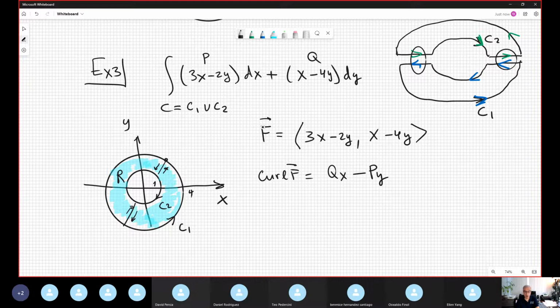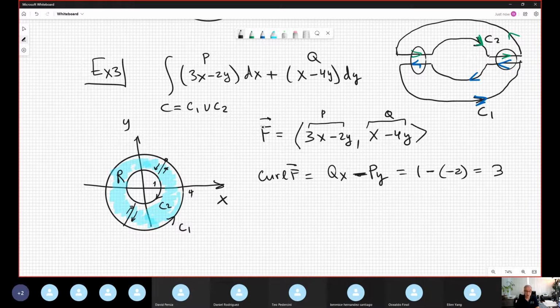This is P, and this is Q. Partial derivative of Q with respect to x is 1, because we have only one x here. And partial derivative of P with respect to y is minus 2. So be careful with the sign. We have a minus here, and the partial derivative of P is minus 2. Entonces, the double minus is positive, so it is 3. The curl is equal to 3.